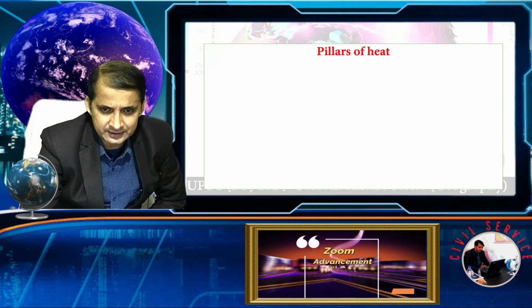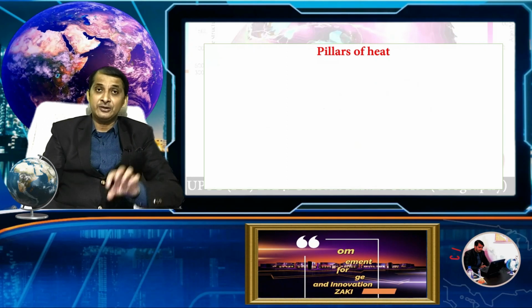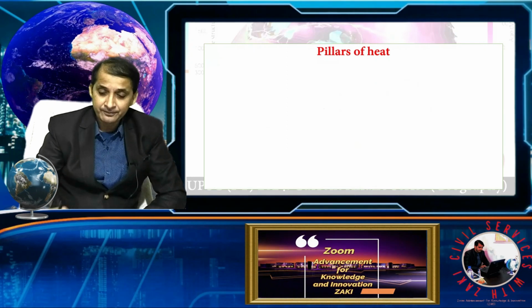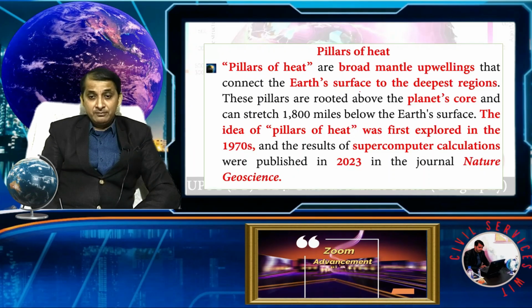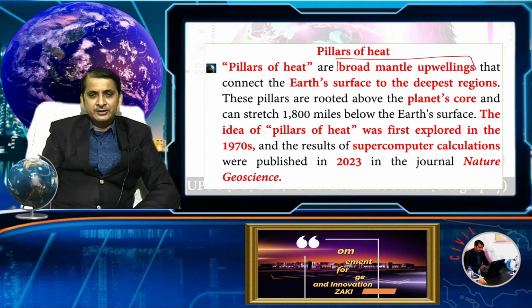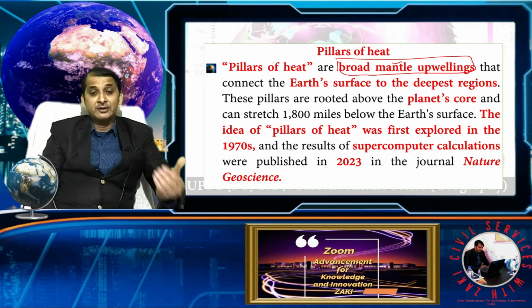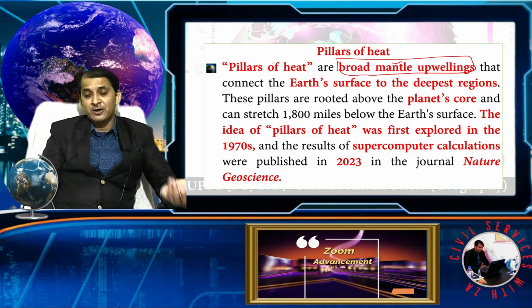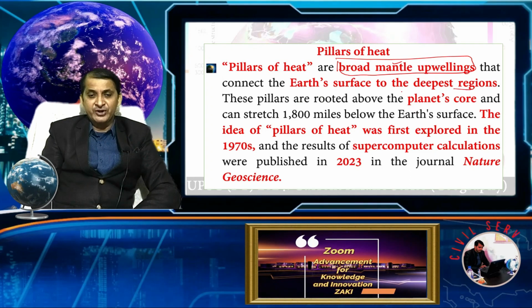So see the pillars of heat. What are the pillars of heat? It is the new finding of the pillars of heat. Pillars of heat are broad mantle upwellings. You can call them broad mantle upwelling, or pillars of heat, that connect the Earth's surface to the deepest region.